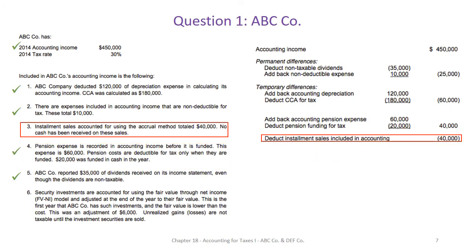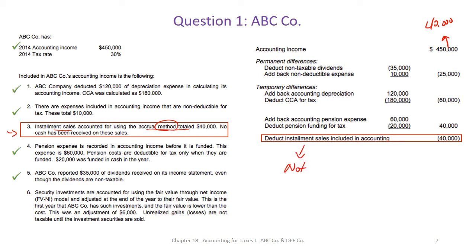The next item we have is data item 3, installment sales using the accrual method, of $40,000. What we can deduce from this information is that because we are using an accrual method and recognizing the revenue, included in this number is $40,000 in installment sales, but these installment sales are not taxable until cash is paid.